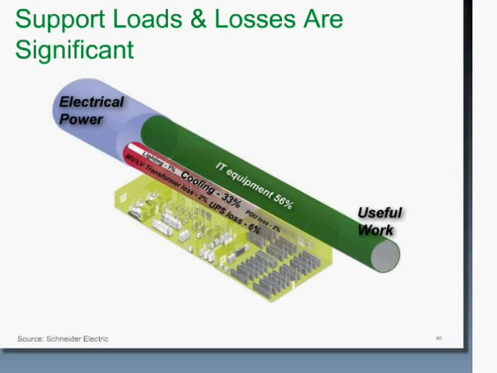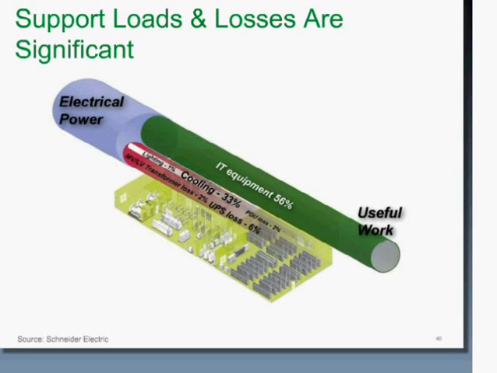As far as losses, lighting is 1%, the CRAC and cooling units and such are upwards of a 30 to 33% loss. You have some inefficiencies in the transformers and PDUs in the 2 to 4% range, and we've seen losses in UPSs, depending on how they're constructed, in the 5 to 6% range.